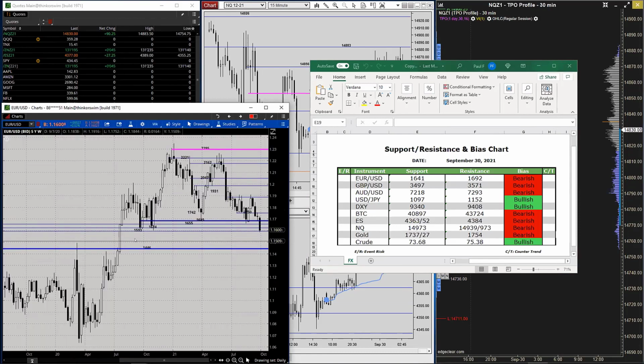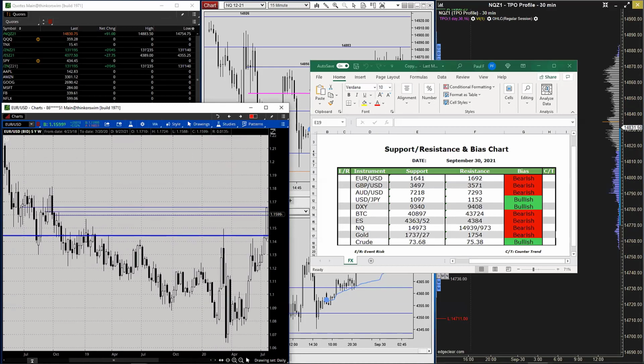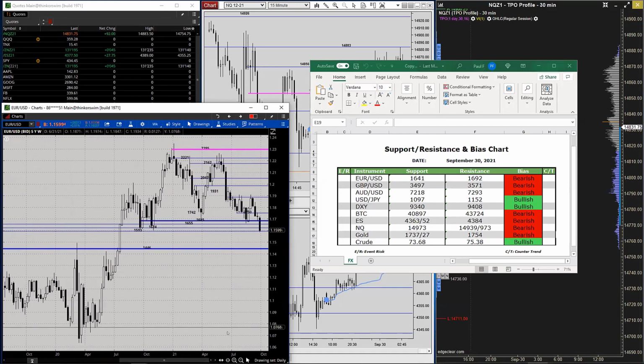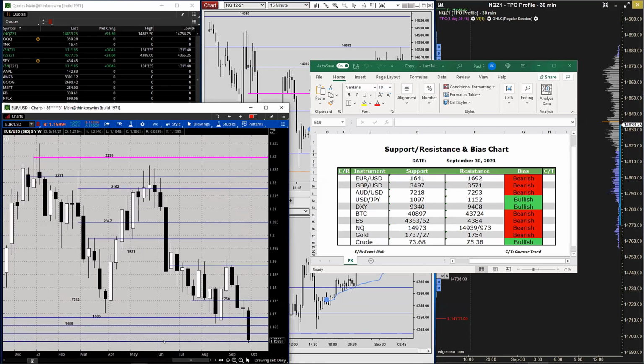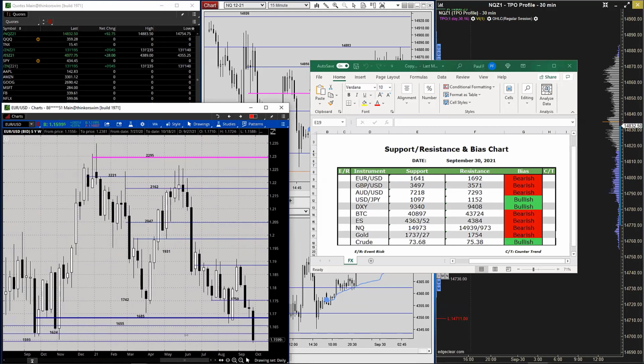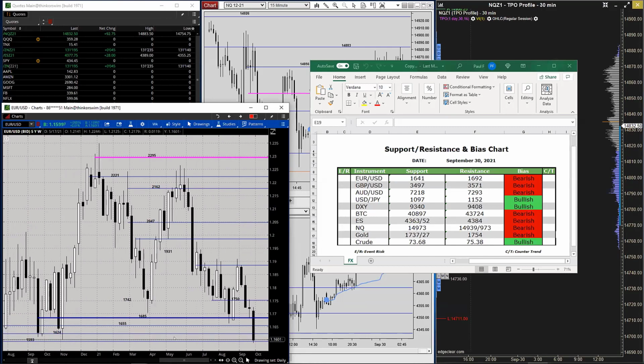And that is a key level there at 1593. It's 1594. Let's go right there with the 1594.